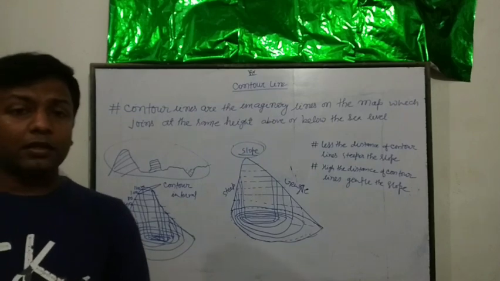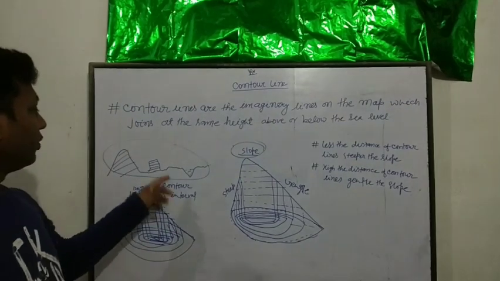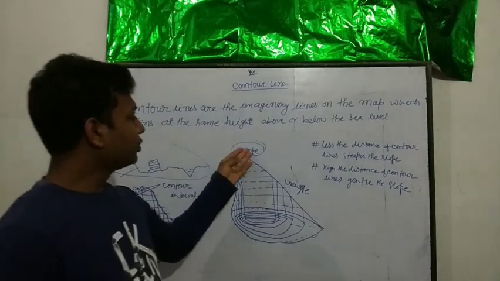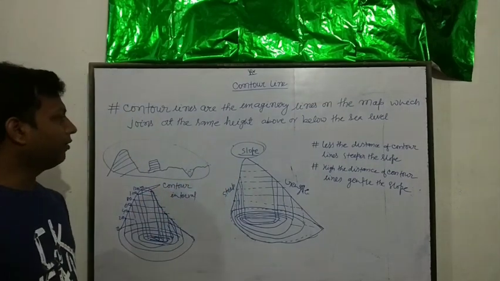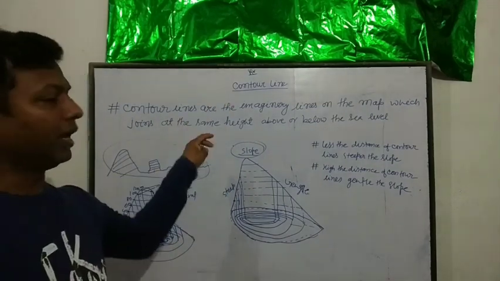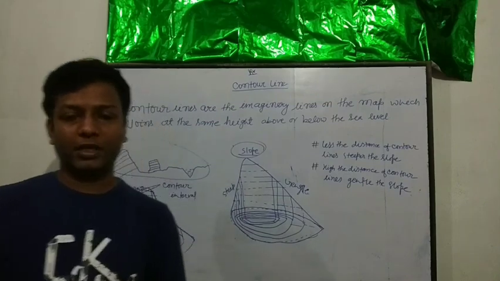Okay. So here we have slope, contour interval and contour lines. I hope this is clear.